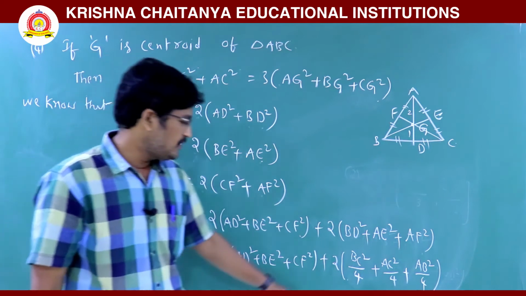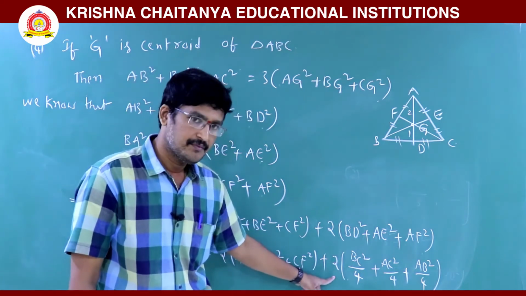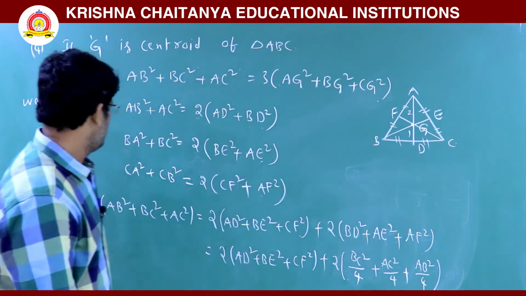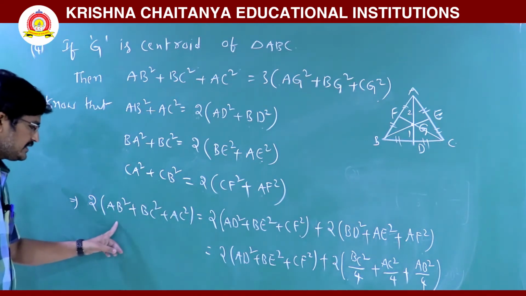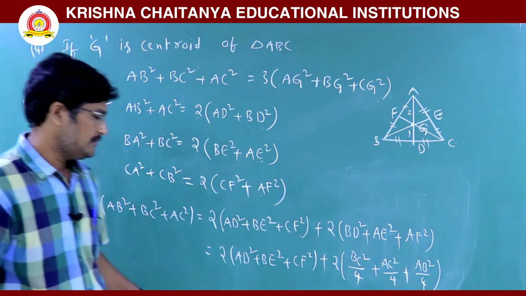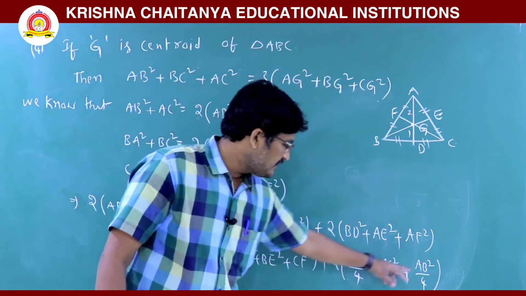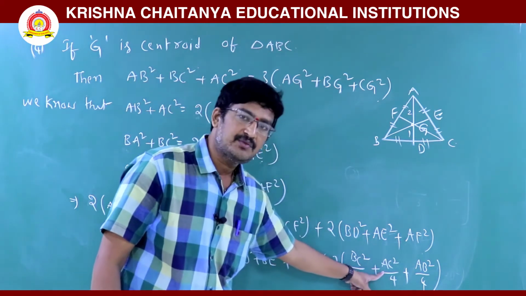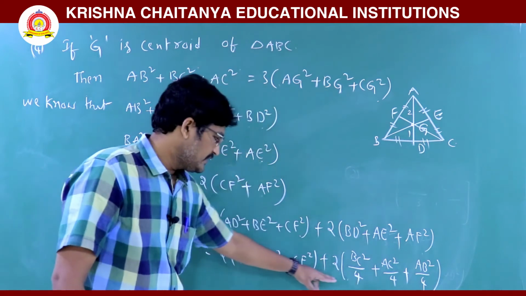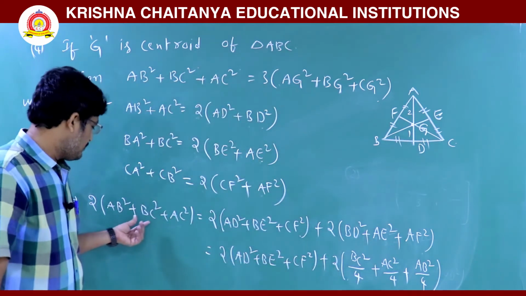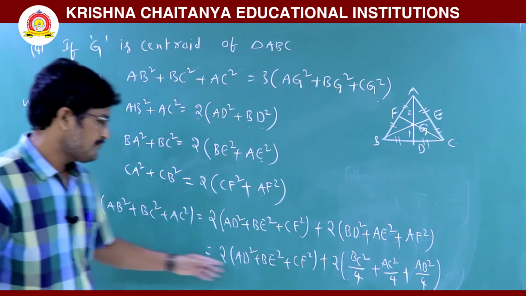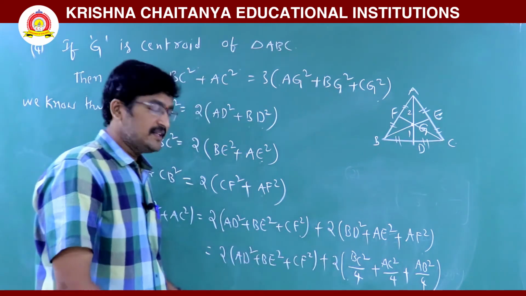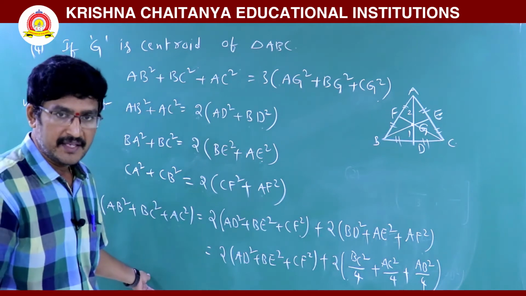Okay. So by taking 1 by 4 as common, it is 1 by 2. Then 2 times of AB square plus BC square plus AC square here, and 1 by 2 times of AB square plus BC square plus AC square here. So by taking this term to the left side, taking AB square plus BC square plus AC square as common, this is 2, and that 1 by 2 coming to the left becomes minus 1 by 2.